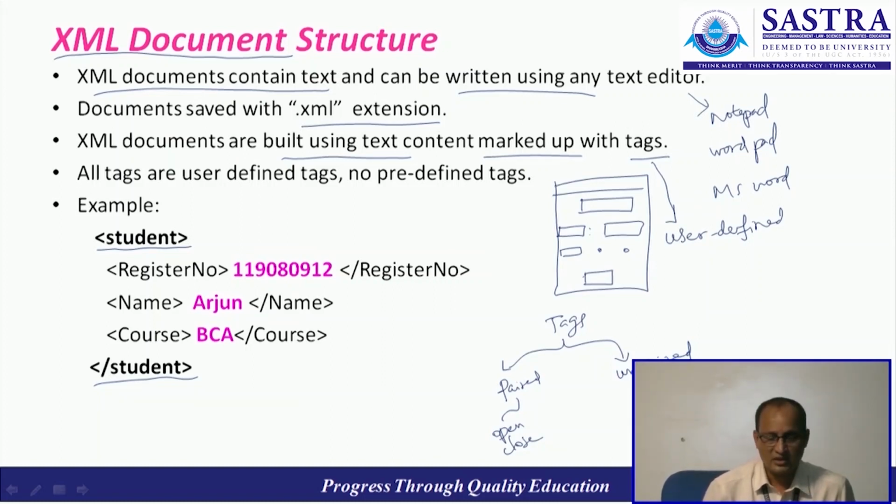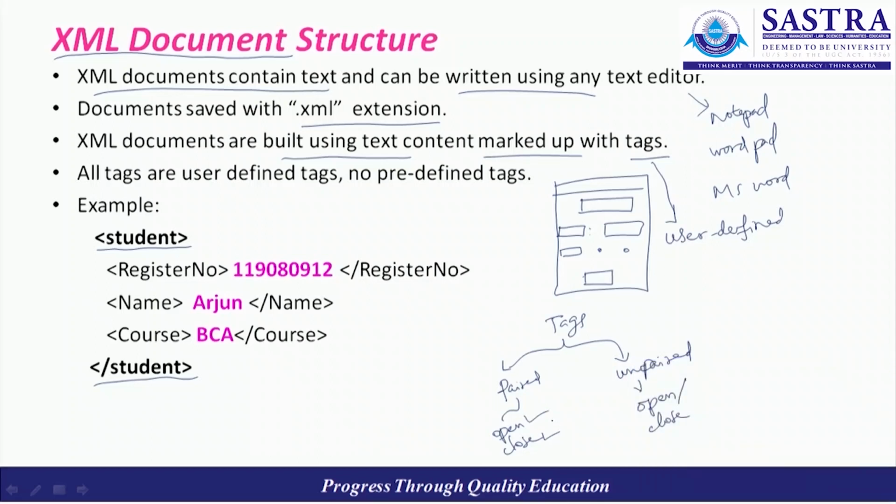This is paired and unpaired tag. Please remember, XML tags are paired tags. They should have an opening as well as a closing tag. I have followed one of the important rules. Student, I have shown this example only to show that XML does not have predefined tags. XML tags are user defined tags.